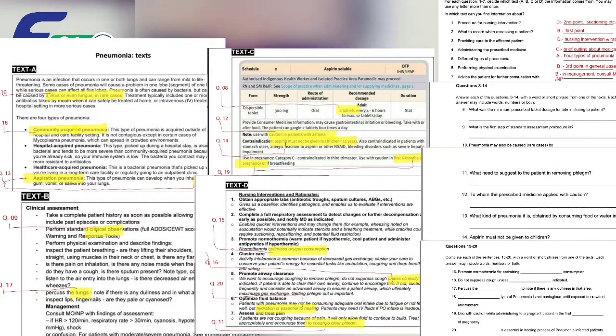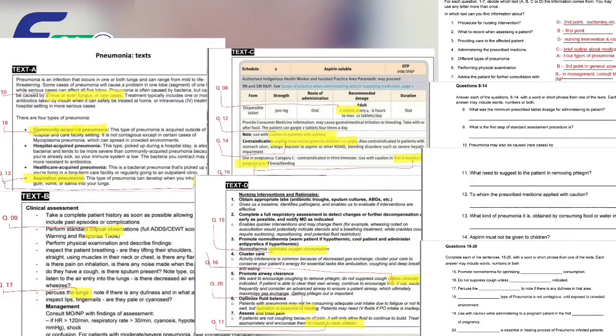So the 15 to 20 questions, as you know, are filling the blank. You have to understand those two key words, and your answer will be between those particular words, right? Yeah. So we'll start with 15. Promote normothermia for optimizing oxygen consumption. So you got this answer from D, right?